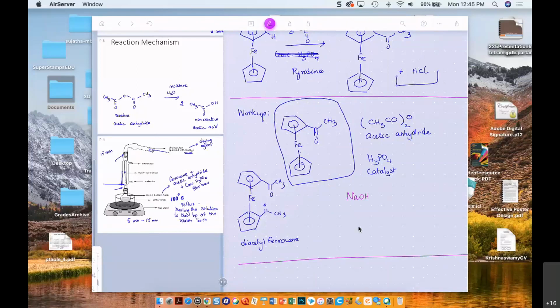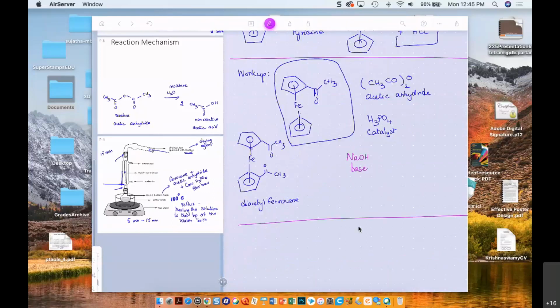Now, which of these do you think will react with sodium hydroxide? This is a base. So which one of these will react with sodium hydroxide quite easily? So you got 1, 2, 3, and 4. Which of these 4 compounds will react with sodium hydroxide? Any ideas? That's a base. So which one is the acid?